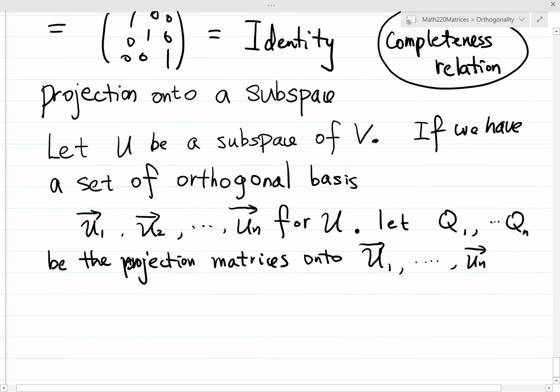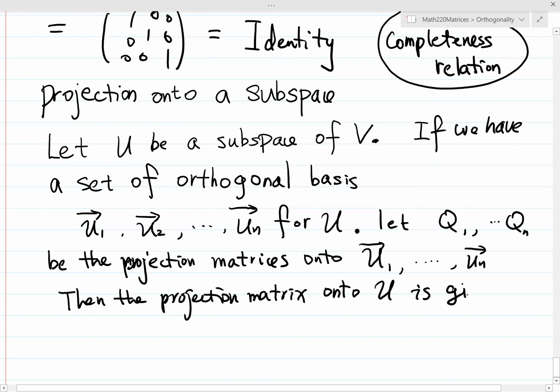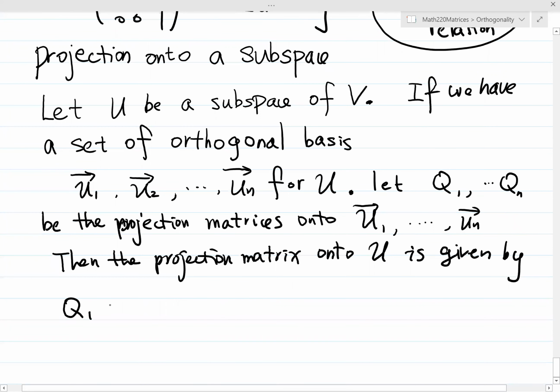Then the projection matrix P onto the subspace U is given by the sum of the projections onto each vector.